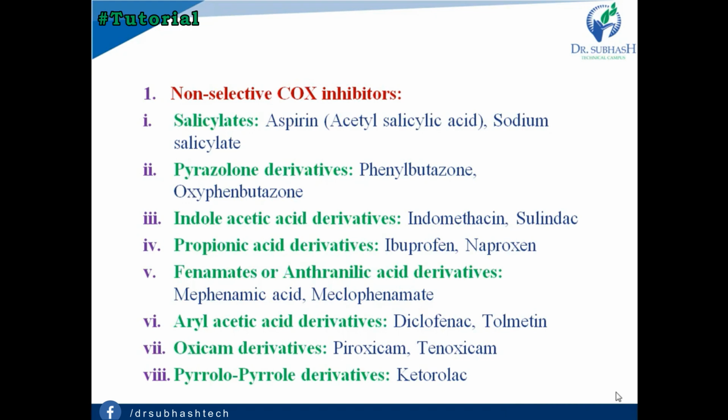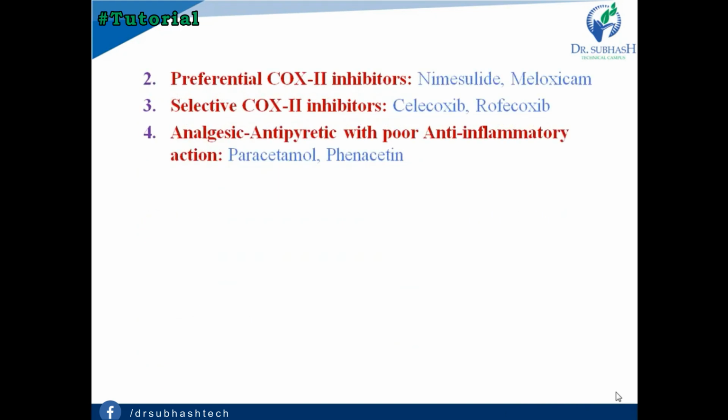Fifth class is phenamates or anthranilic acid derivatives, in that mefenamic acid and meclofenamate. Then aryl acetic acid derivatives, in that the examples will be diclofenac and tolmetin. In oxicam derivatives, piroxicam and tenoxicam. And pyrrolopyrrole derivatives, the drug is ketorolac. This is the non-selective COX inhibitors.